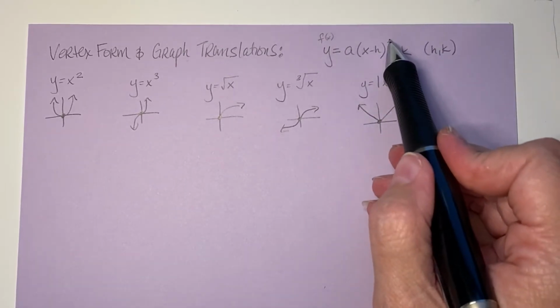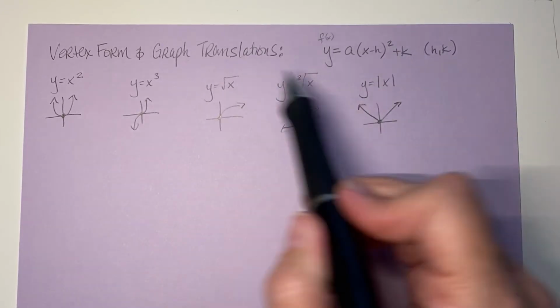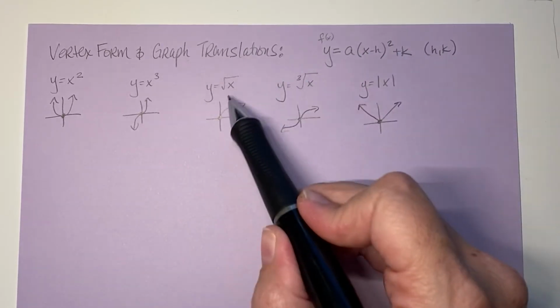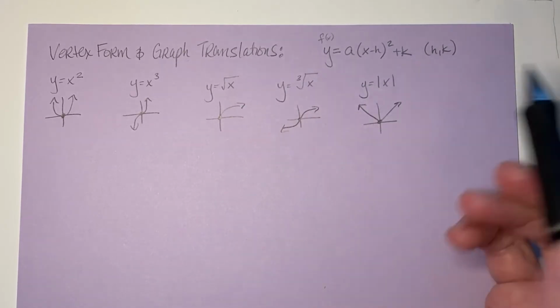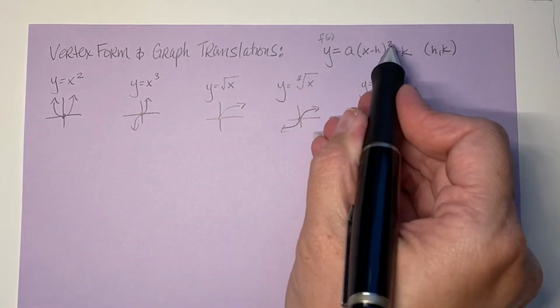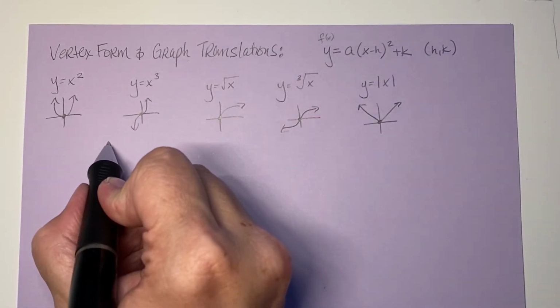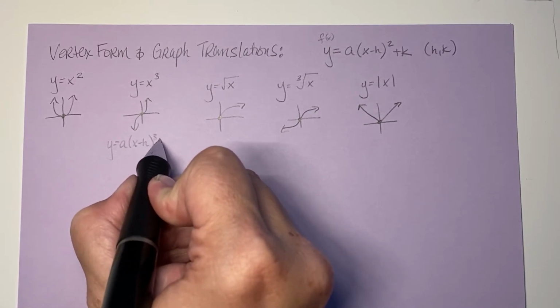Okay, and this power of 2 can either be replaced with a power of 3, or the whole parentheses squared can be replaced with a square root, or any of these other parent functions. So what that would look like is, obviously the x squared is there, but this one would be a times (x minus h) cubed plus k.